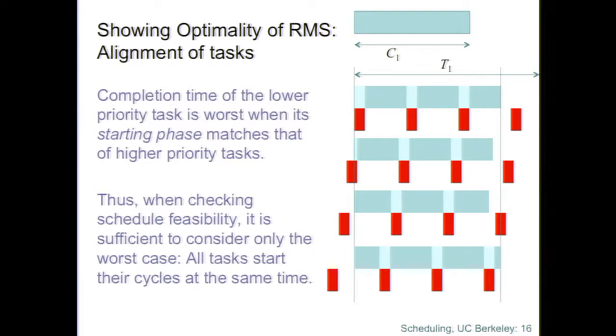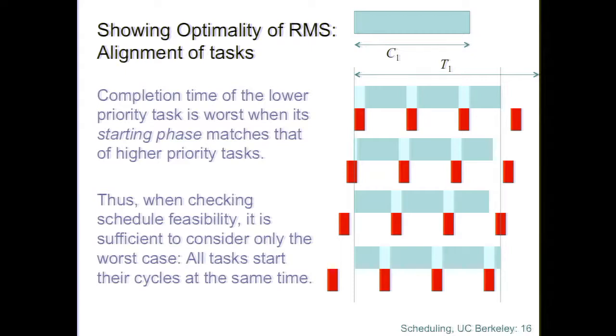All right? So the major observation that Liu and Layland made is that just look at the completion time of the blue. Okay? And they said, well, it's never worse. The completion time of the blue is never later than when the two are perfectly aligned.